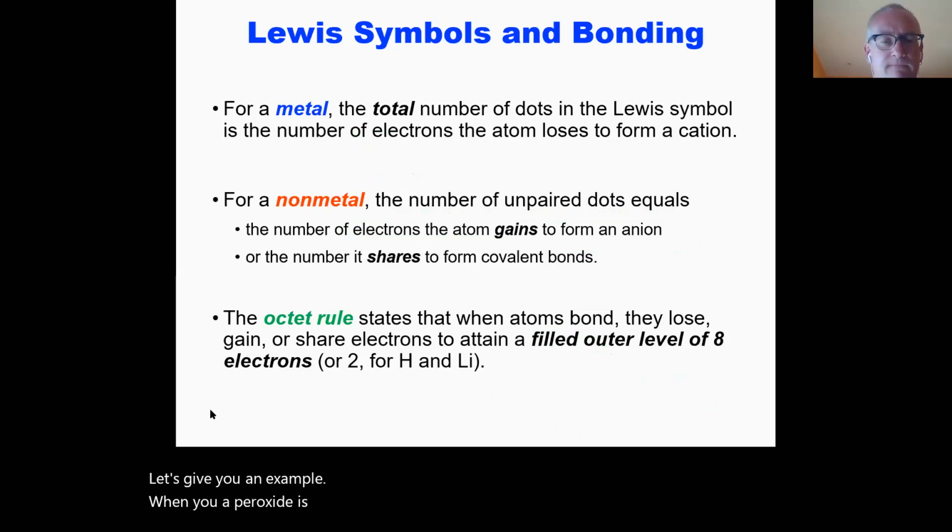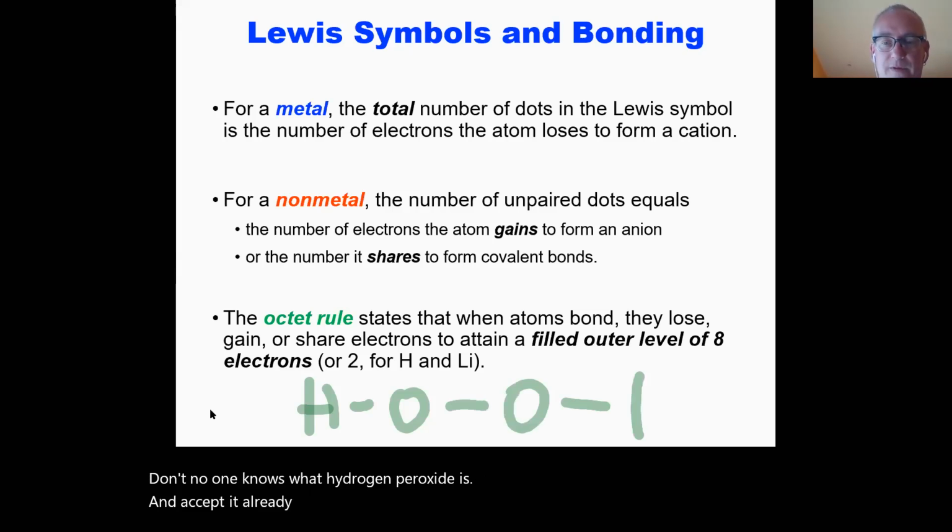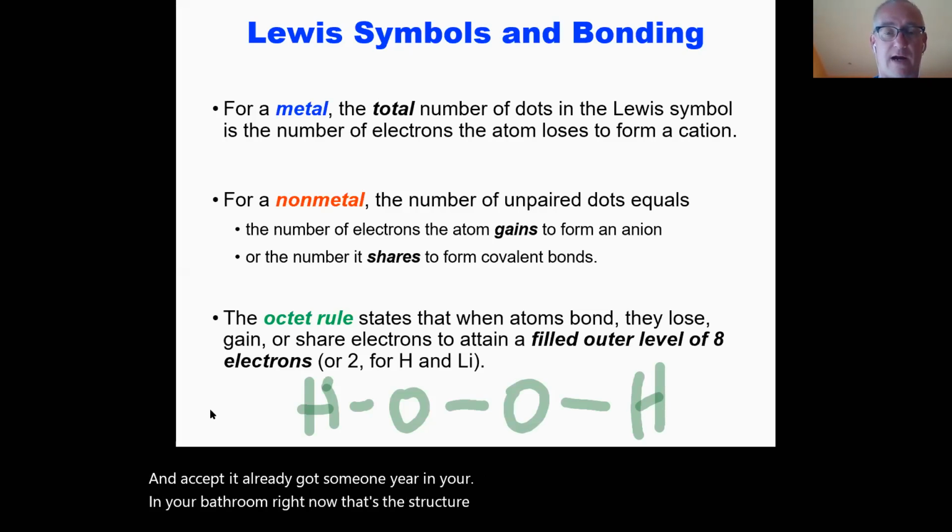Hydrogen peroxide. No one knows what hydrogen peroxide is? Yeah, it's like an antiseptic, I guess. Yeah, antiseptic. You've already got some in your bathroom right now. That's the structure of hydrogen peroxide.